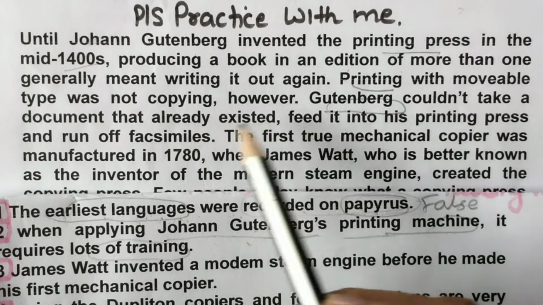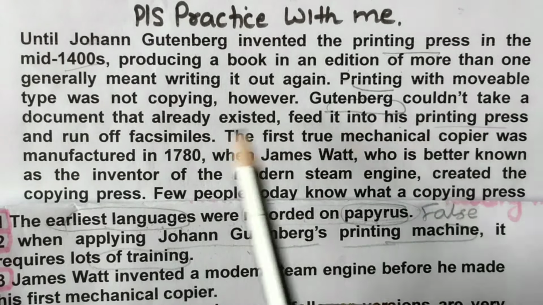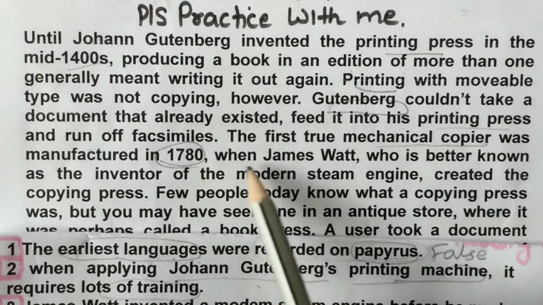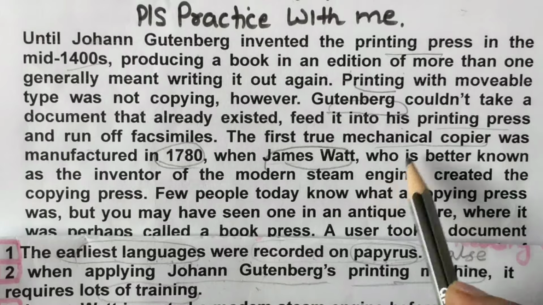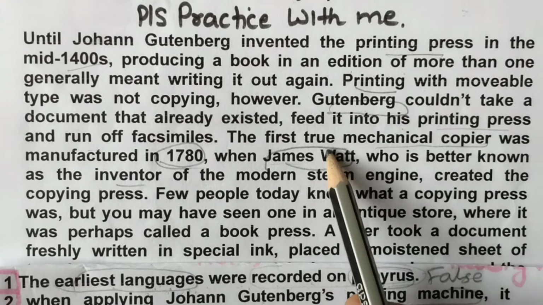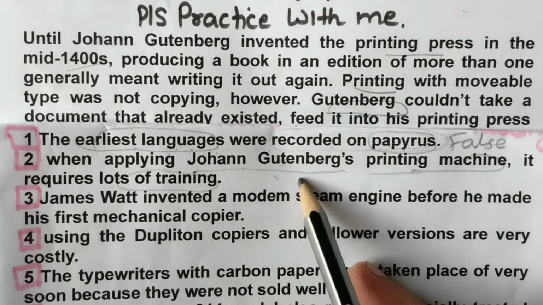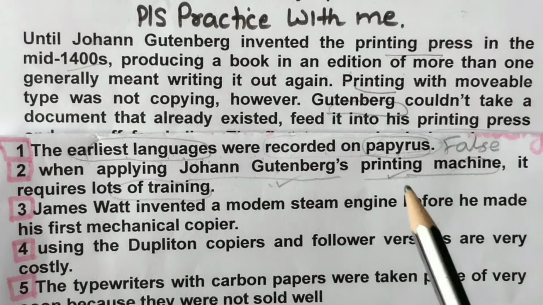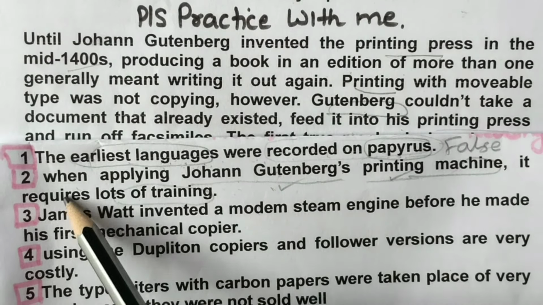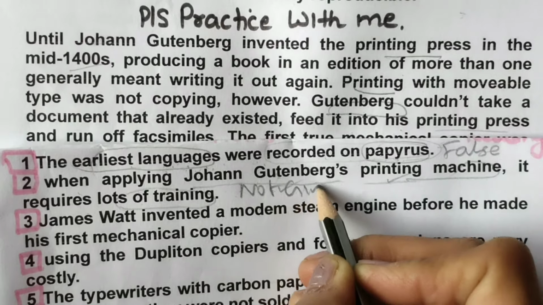However, Gutenberg couldn't take a document that already existed and feed it into his printing press. The first true mechanical copier was manufactured when James Watt, who is better known as the inventor of the modern steam engine. Now they have started talking about another person, but they are talking about Gutenberg and the printing machine also. But this situation, requiring a lot of training, is not given. So it will be not given.